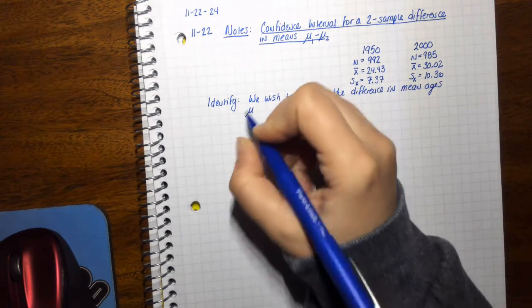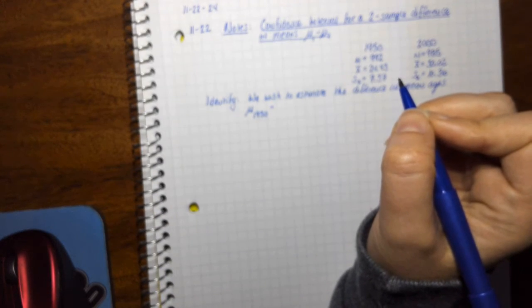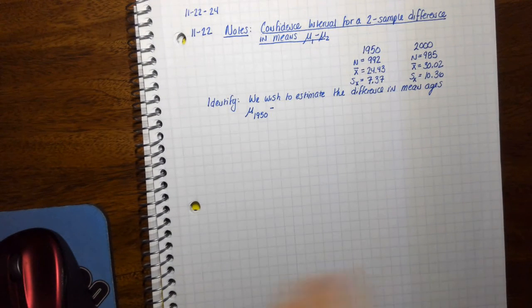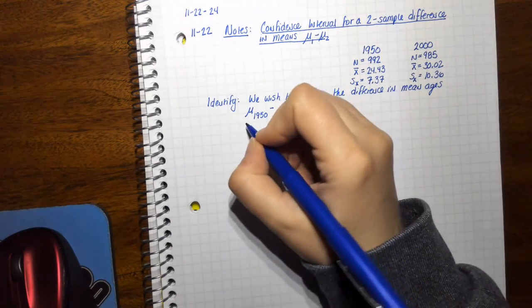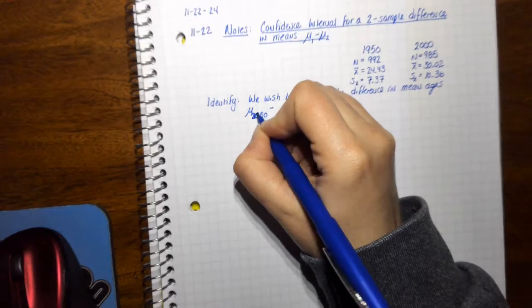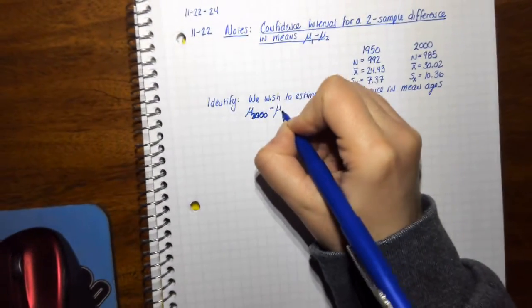I'm going to put mu 1950 minus... no, I want to do 2000 minus 1950. But my whiteout seems to have escaped. Okay. My desk here is really interesting. So, we're going to make this mu 2000 minus mu 1950. That is for sure going to bleed through the page.